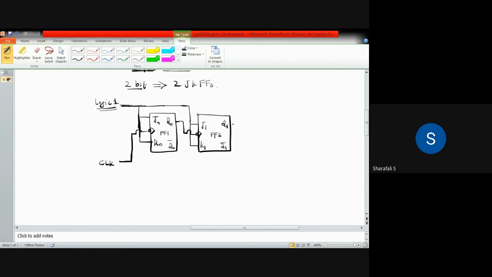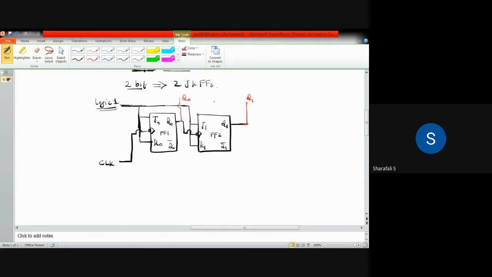Okay, and this Q1 is the most significant digit. So we have to take the output from Q0 and Q1. This is your first output, and this is your second output. So this is Q1 and this is Q0.